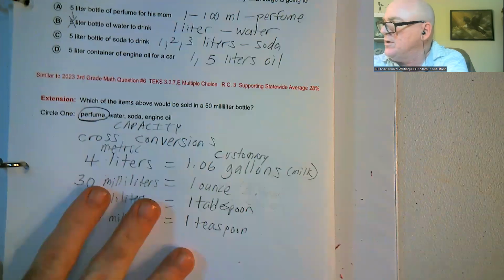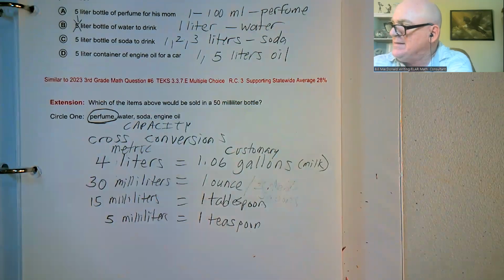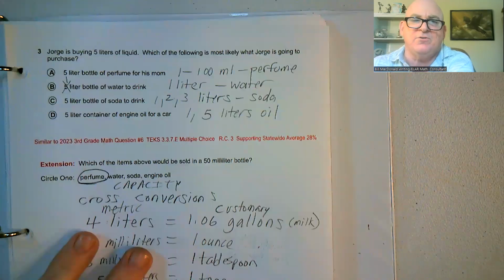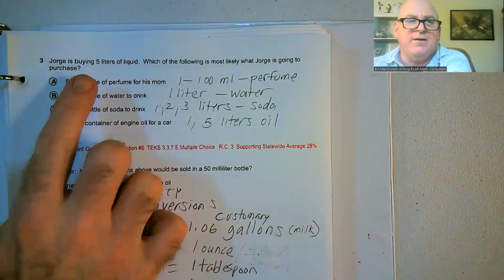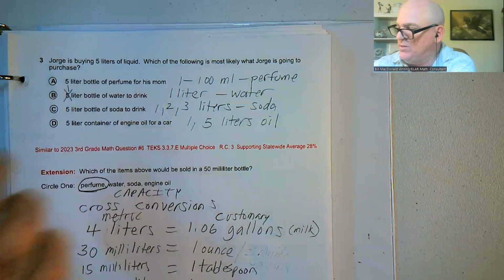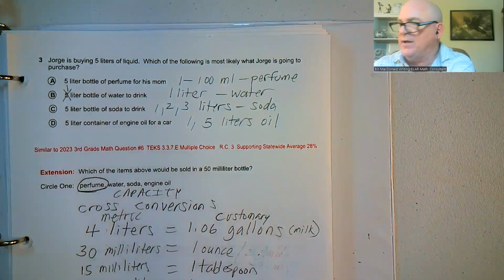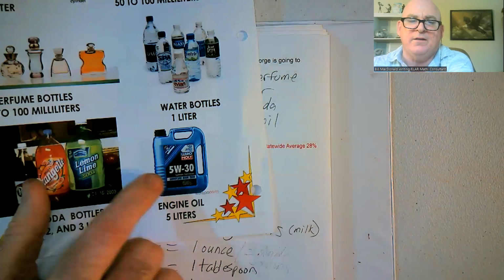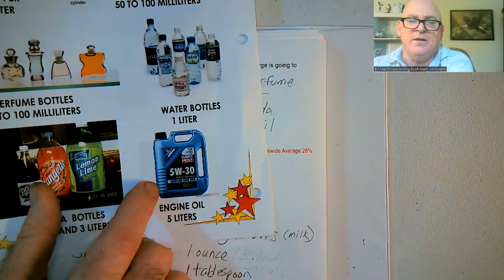All right. So I would suggest, since I don't have anything where those are cross-referenced like that, that you teach your students to do that. The question that I have here is, Jorge is buying 5 liters of liquid. And right away, I would remember that it was the engine oil.